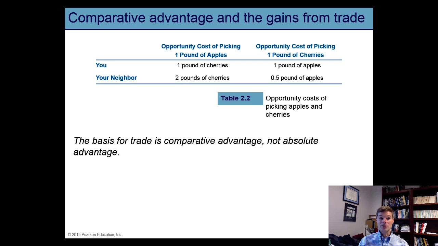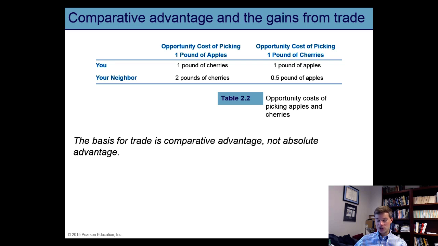Your neighbor's opportunity costs were different. Your neighbor had the ability to produce a maximum of 30 pounds of apples or 60 pounds of cherries. So the opportunity cost of picking each pound of cherries was half of an apple, and the opportunity cost of picking each pound of apples was 2 pounds of cherries.